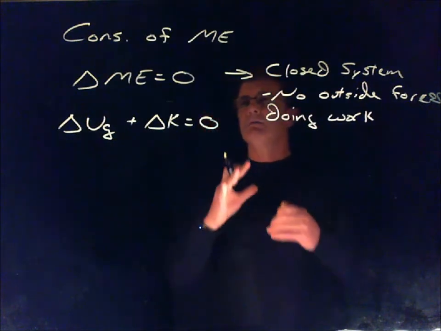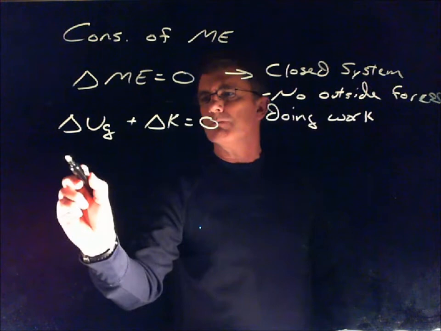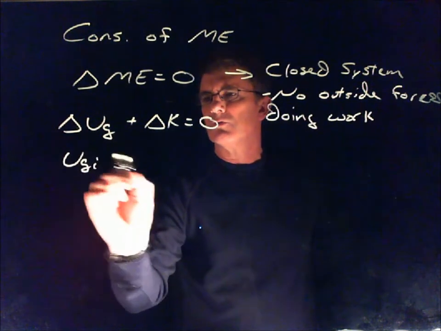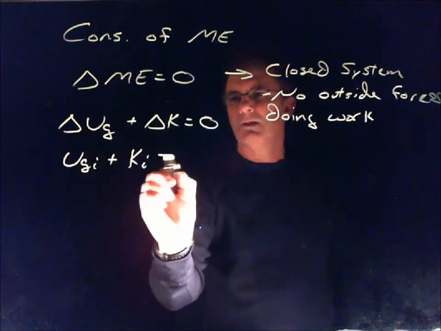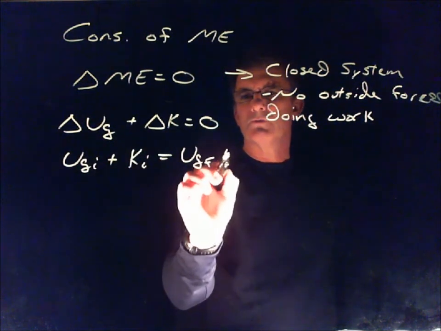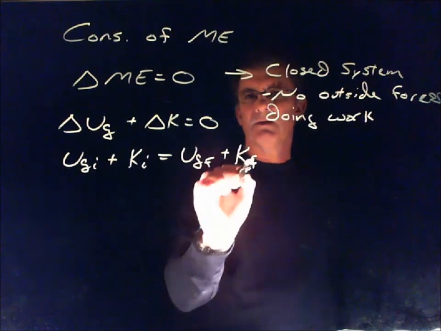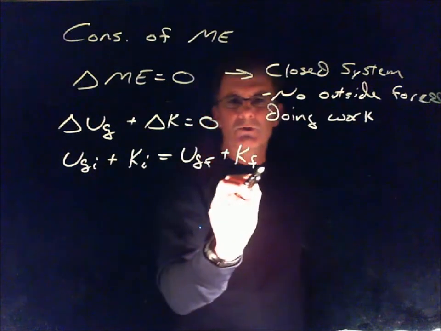I tend to begin doing conservation of mechanical energy problems as saying my initial gravitational potential energy and my initial kinetic energy is equal to my final gravitational potential and my final kinetic. And this is the expression that I use.